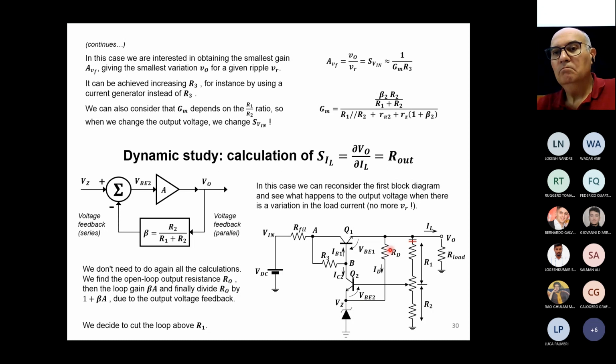So, considering that through this resistance there is basically a constant current, it can be seen in some way as a current generator, which is draining current. And when we study dynamically the system, we can open that current generator, basically. So we don't care about the resistance that is both high or can be neglected. So what is left is only this part of the circuit, if you see here.